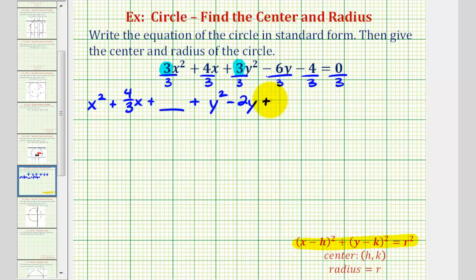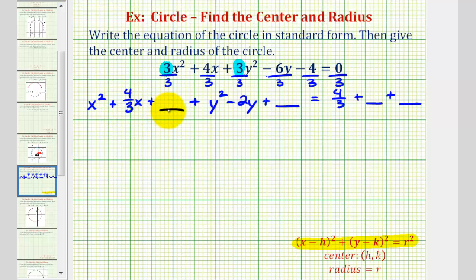We'll add another constant here to make the y part a perfect square trinomial. And then notice we have minus 4/3. Let's go ahead and move that constant to the right side by adding 4/3 to both sides of the equation. So we'd have equals 4/3. And because we're adding two constants on the left, we'll have to add the same constants on the right to maintain equality. So now we're going to complete the square on x squared plus 4/3 x.